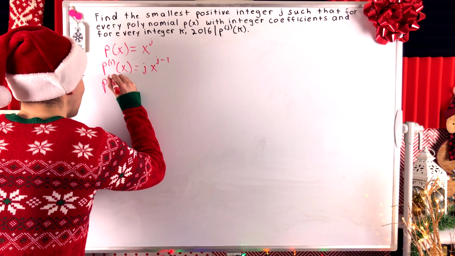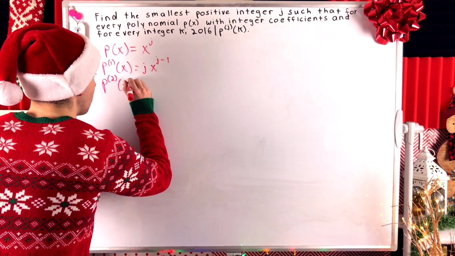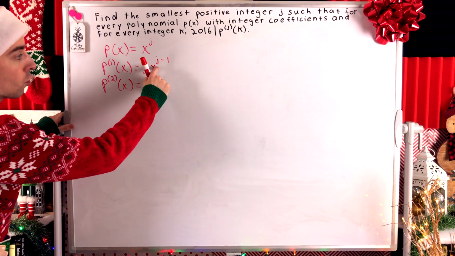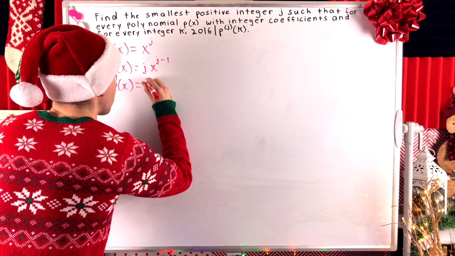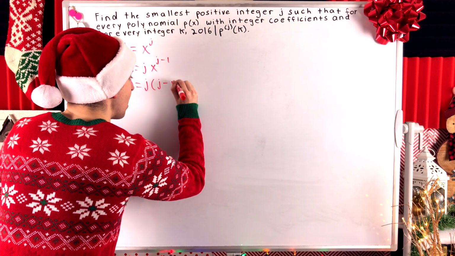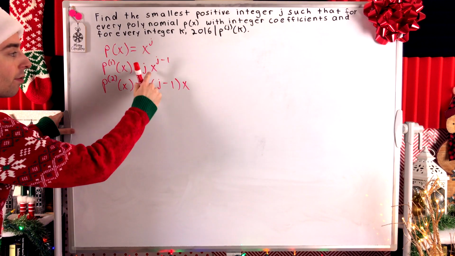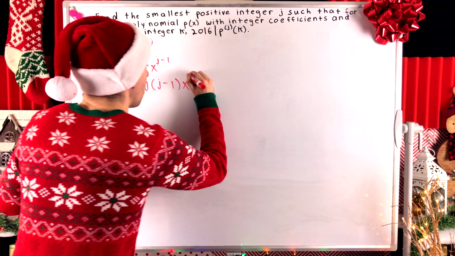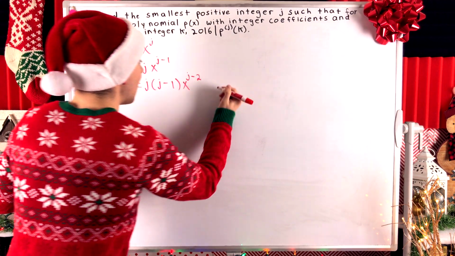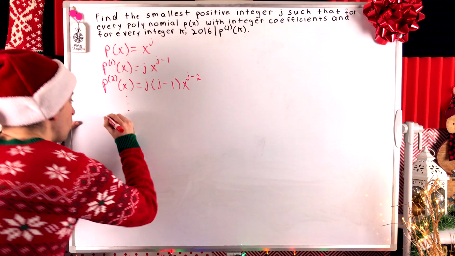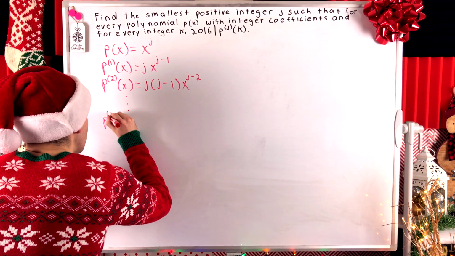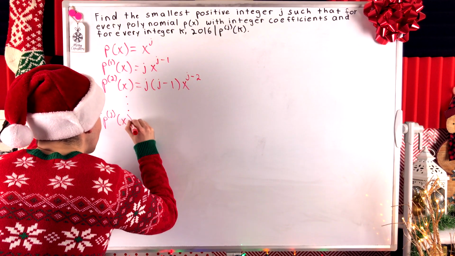Then, if we take the second derivative, which is just the derivative of the first derivative, we drop the exponent down as a factor, so now we have j times j minus 1, and then again our variable term gets its exponent reduced by 1, so now it's j minus 2. And this pattern will continue all the way down to the jth derivative of our polynomial.